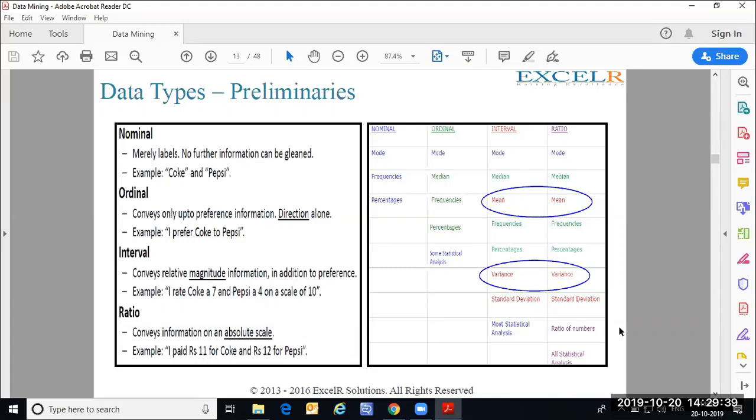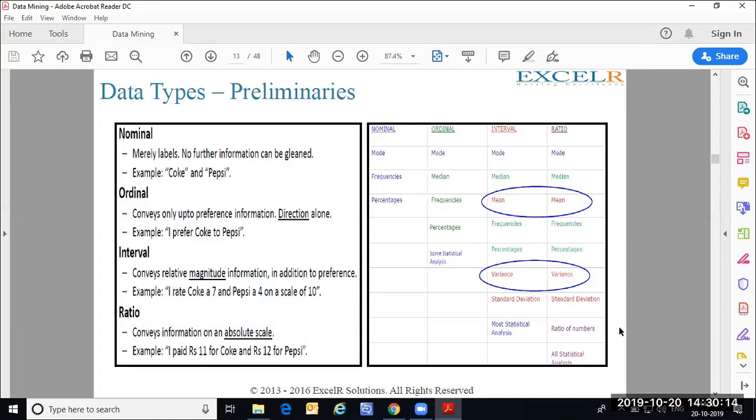But moving on from nominal to ordinal, ordinal tries to bring the preference associated with the data along with the name. It brings a sort of preference as well. Preference or the direction. I prefer Coke to Pepsi. Means there I'm bringing some comparative measurement between the two soft drinks.